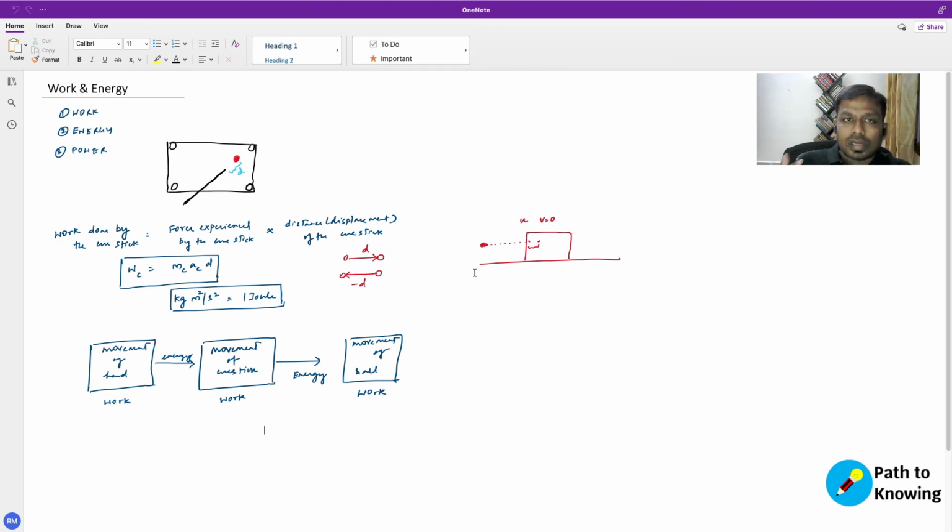So this is another point that you need to be aware of. Work in science is defined as force times displacement, and because force and displacement have a direction aspect to it, either of them can be negative, which means that your work can be either 0, or it can be negative, or it can be positive, right?